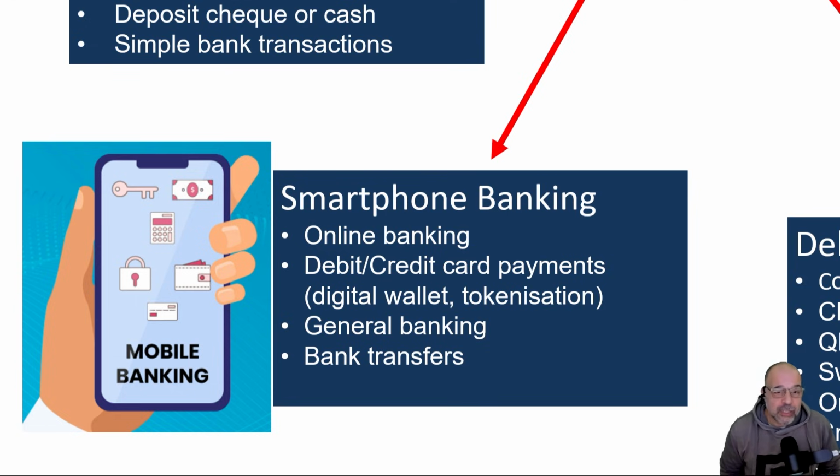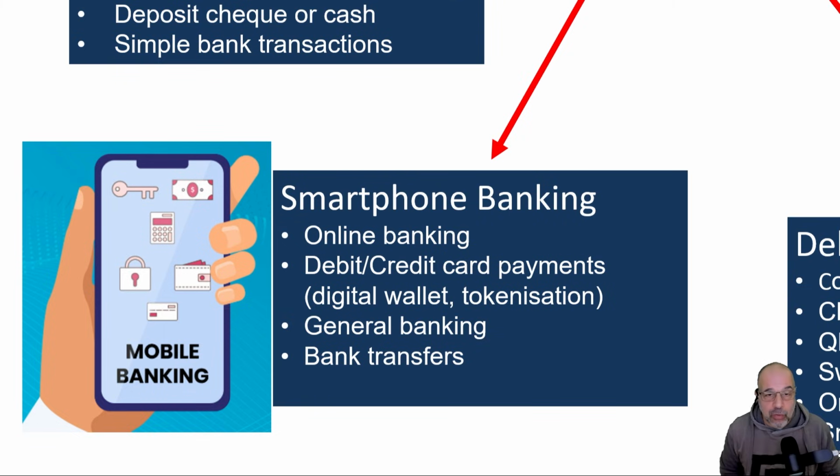Okay, general banking, we've said this. General banking will be as far as using your bank accounts, your bank's application on your mobile phone, and you can carry out general banking services like transferring money, like we've got in that last point there, checking your statements, checking your balance, paying bills, and all the different general banking activities that you can do. And this is mobile banking, all the things that you can do.